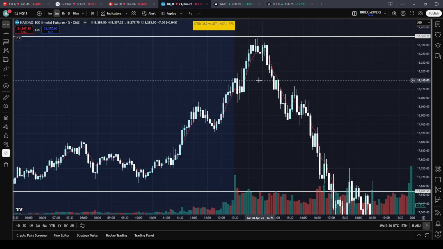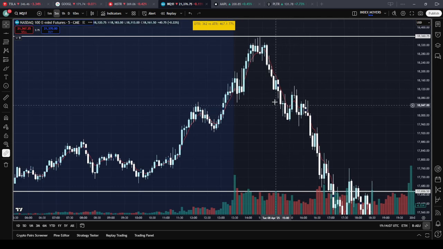So basically, then you would just look for it to start building under, and as you can see from this 168 area, it did put in a decent size play.